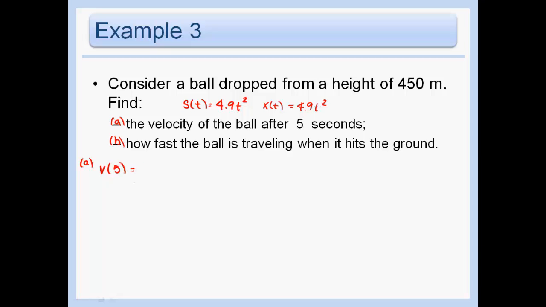So we're going to approximate that by the limit as h approaches 0 of, I'm going to say s instead of f since we're using that, s of a plus h minus s of a all over h.